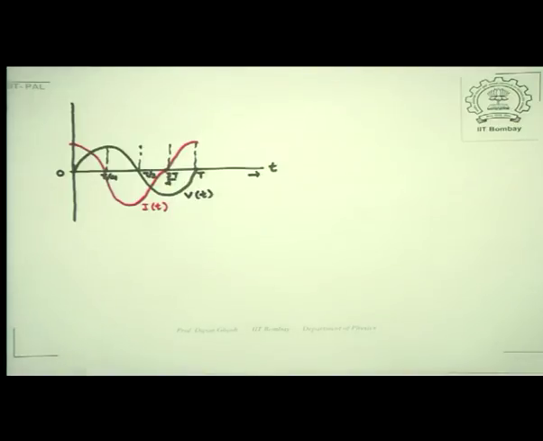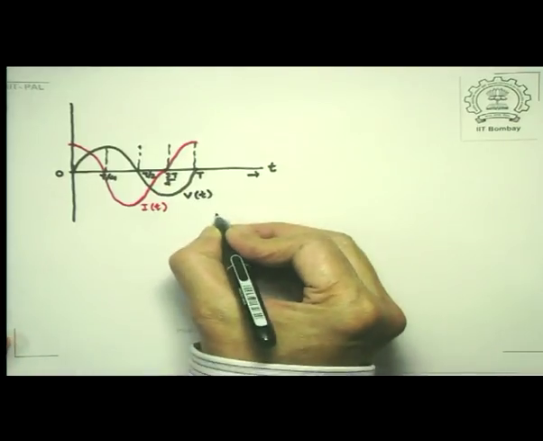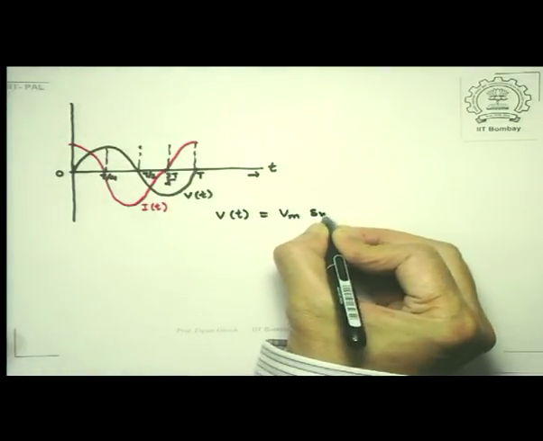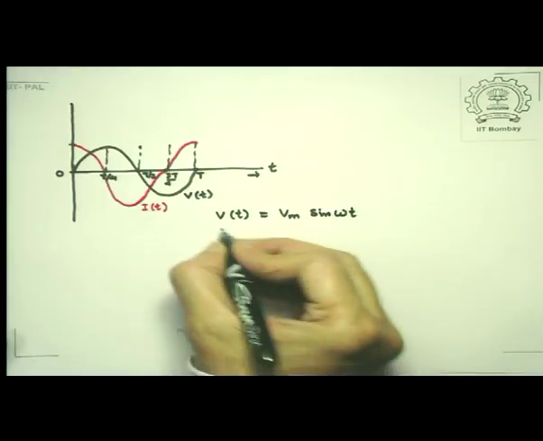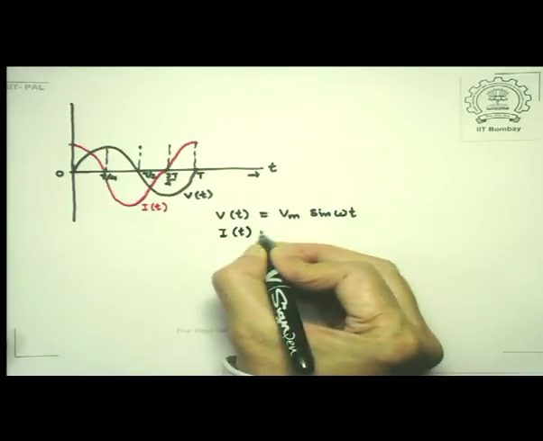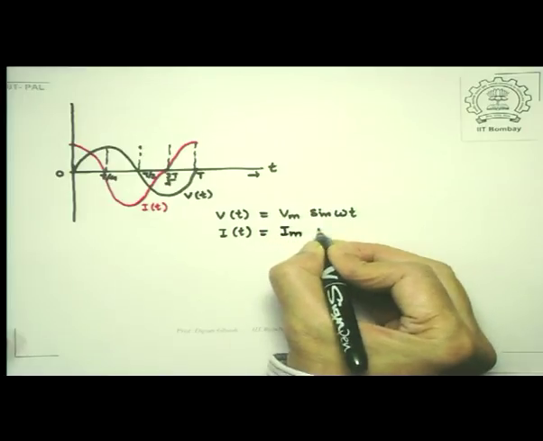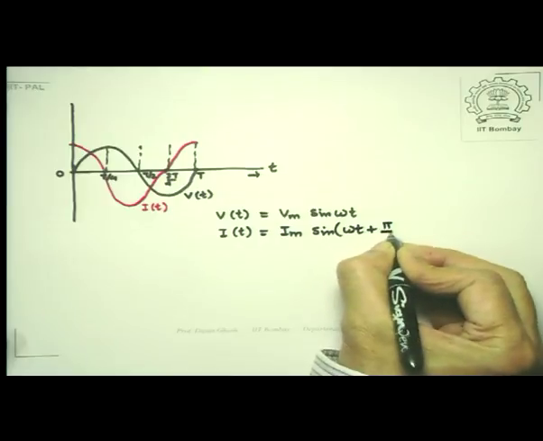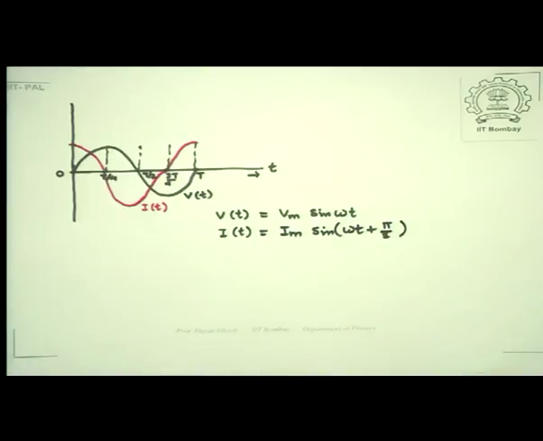So our variations would be as follows. If I take V of t to be equal to Vm sin omega t, then the corresponding current is given by Im sin of omega t plus pi by 2. Since the current leads the voltage by pi by 2, it would have become maximum a quarter of a cycle, that is capital T by 4, before the voltage.